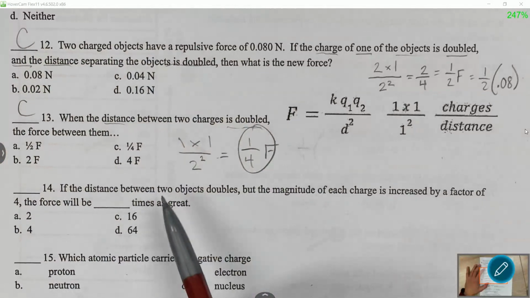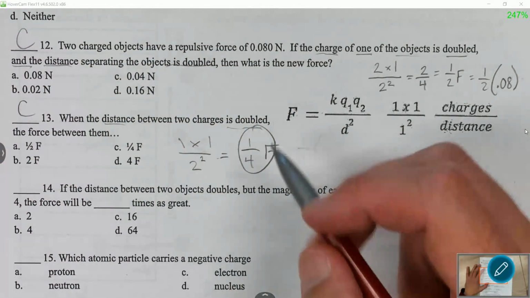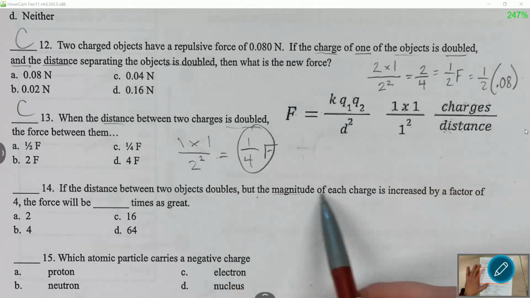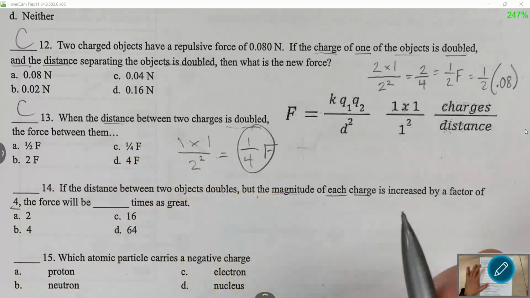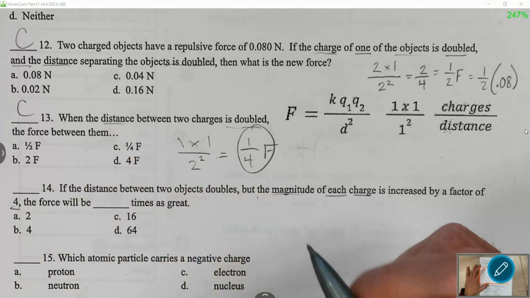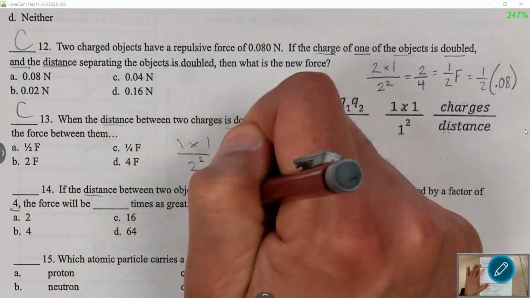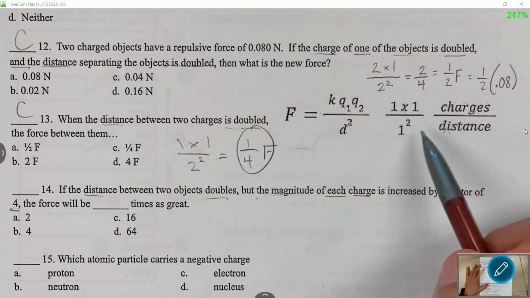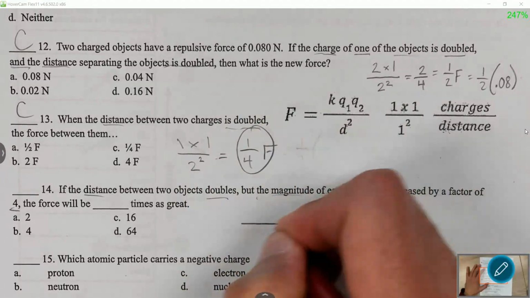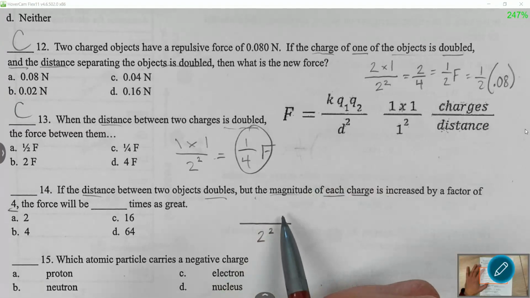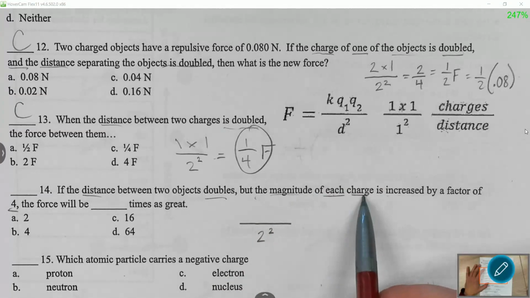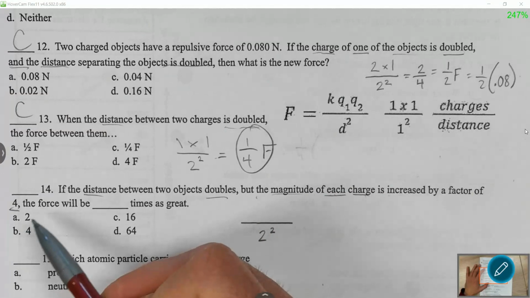14, if the distance between two objects doubles, but the magnitude of each charge is increased by a factor of 4. Okay, wait a minute. Distance doubles. So D goes on the bottom. The bottom one doubles, we've got to square it. And then it says the magnitude, which is the size, so each charge increases by a factor of 4.